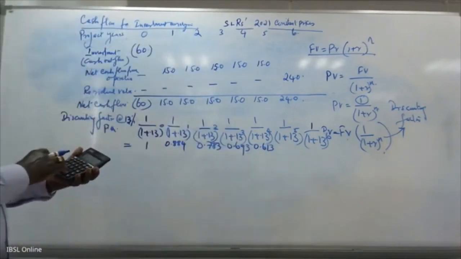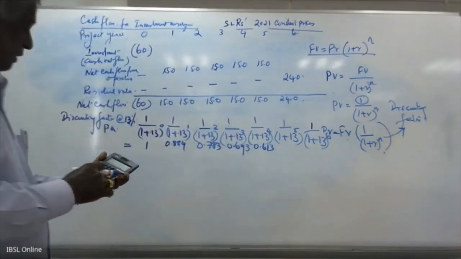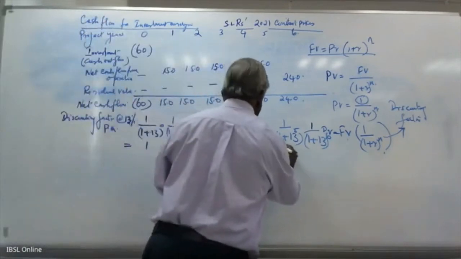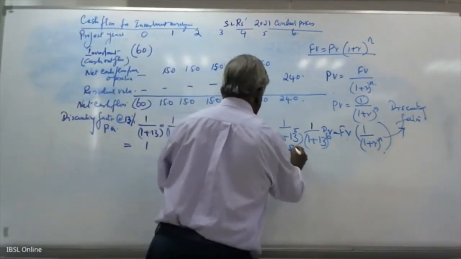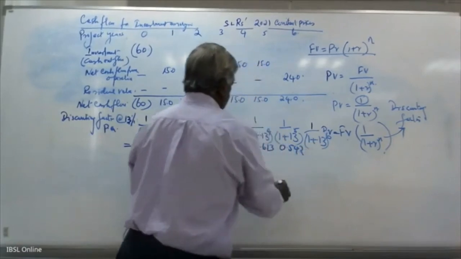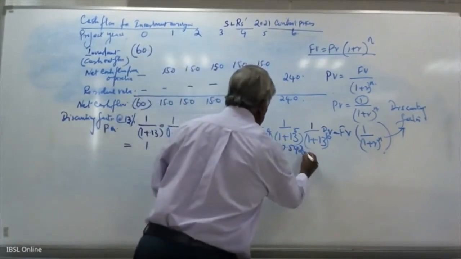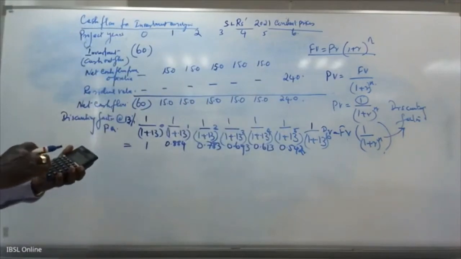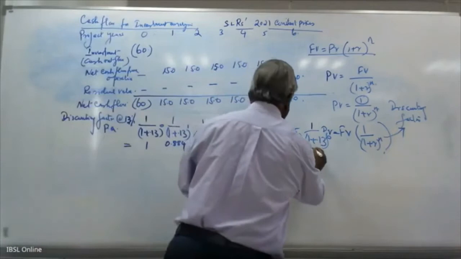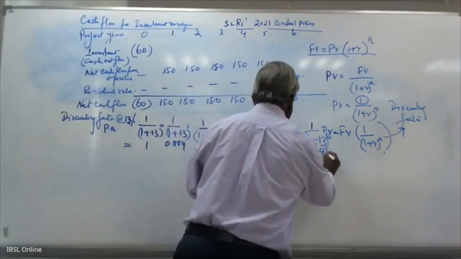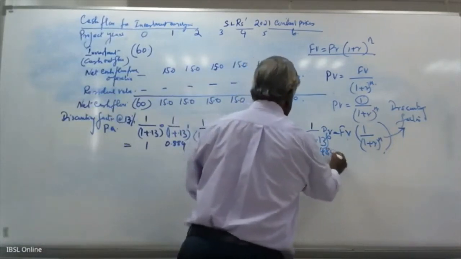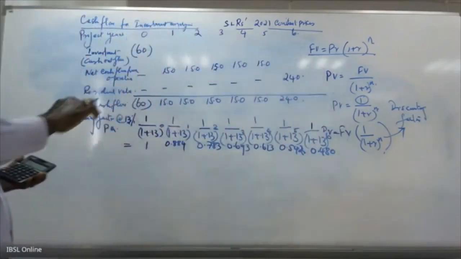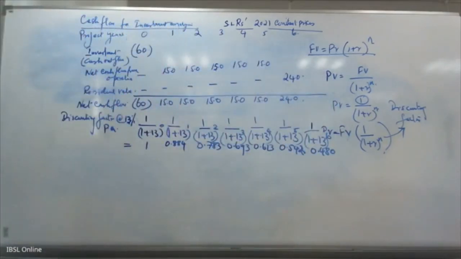Again divide, equal sign, it will get divided. 0.542, and again divided, equal sign. 0.480. So this is the discounting factor at 13% per annum.